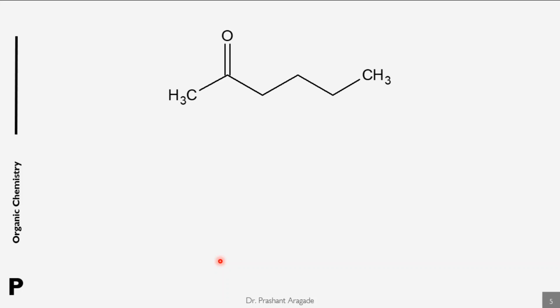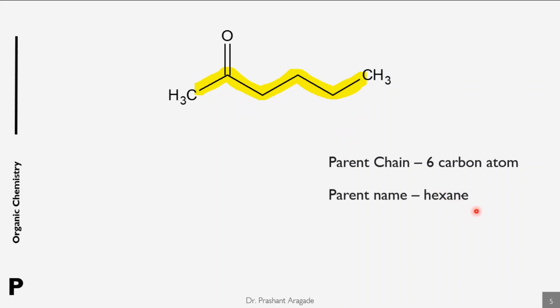Rule number 1, select the longest possible continuous carbon chain containing the carbonyl carbon atom. In that chain there are 6 carbon atoms, so the parent name is hexane. That E is replaced with the ONE suffix, so the name becomes hexanone. Then you have to give the numbering in such a way that the carbonyl carbon atom possesses the lowest possible number. If you number from left to right, it will give number 2 to the carbonyl carbon atom.